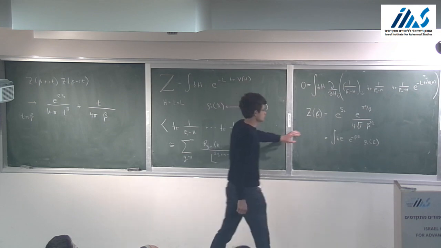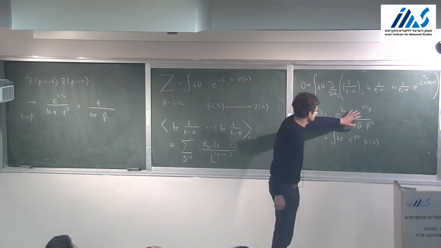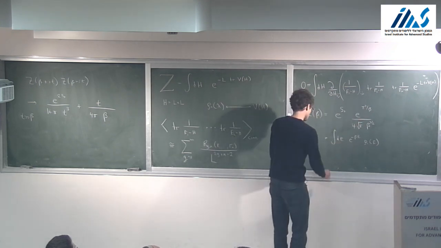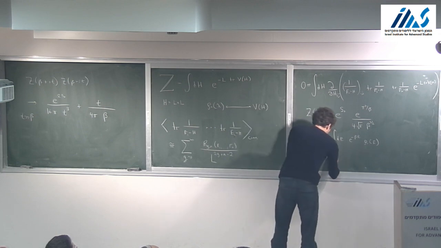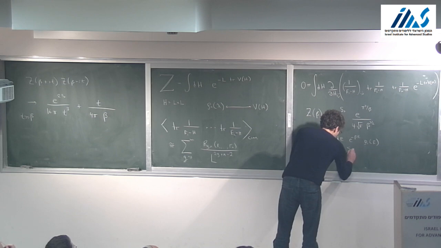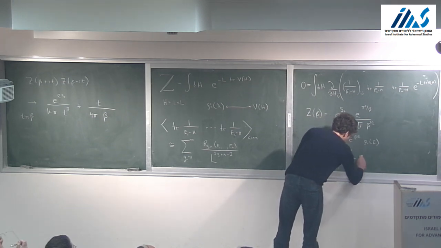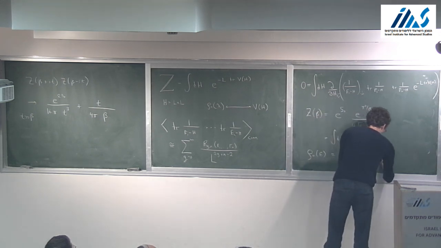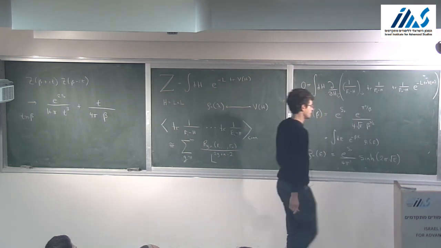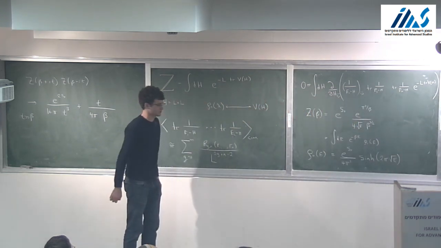And we can solve this equation by doing an inverse Laplace transform of this function. And we find rho naught of energy is equal to e to the S naught divided by 4 pi squared times sinh of 2 pi times the square root of E. So we also had this function yesterday, and we commented on the fact that it vanishes like square root of energy for low energies.